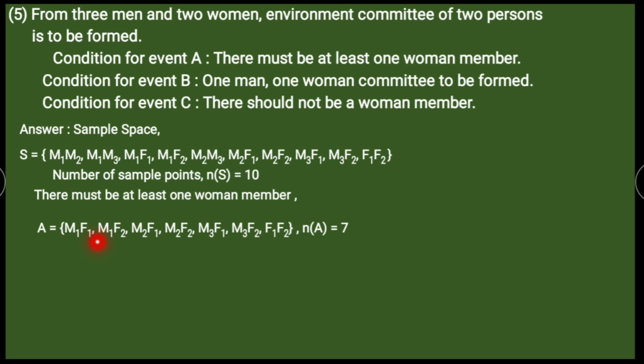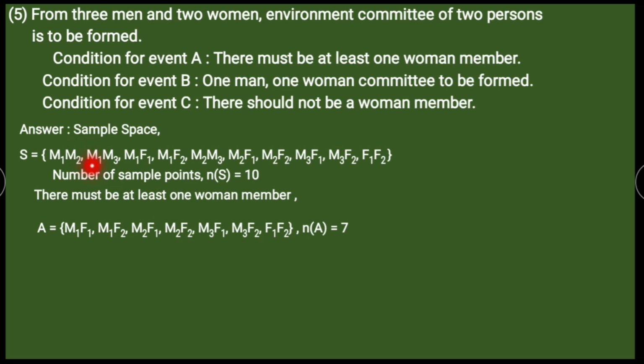Here one woman we select, that is F1. Then M1 F2, we select the second woman, which is F2. Here M2 F1, M2 F2, we change the person, instead of M1 we consider M2. Then M3 F1, M3 F2, F1 F2.